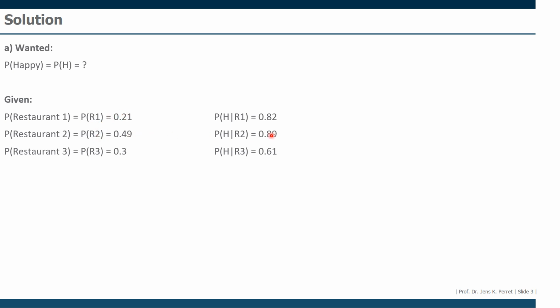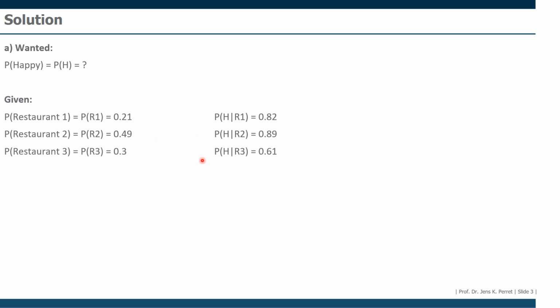Then we're going to do this for the other 2 as well. So in the end, all these different separate parts are more or less the probability of being happy and eating at restaurant 1. That's what we get when we multiply them.